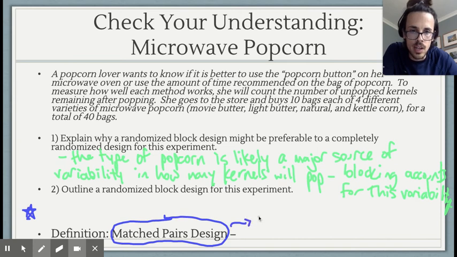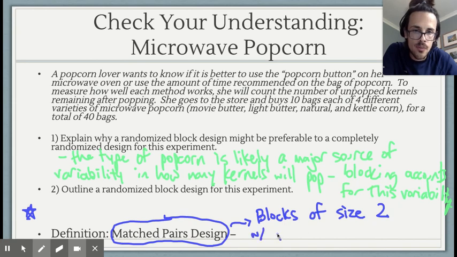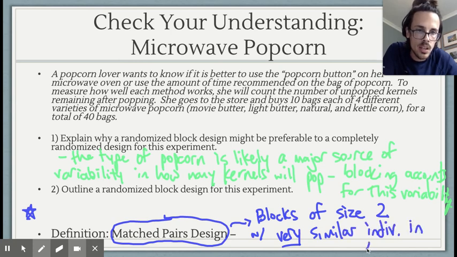Matched pairs design is blocks of size 2 with very similar individuals in each group. So I'm going to give you a few examples of this.